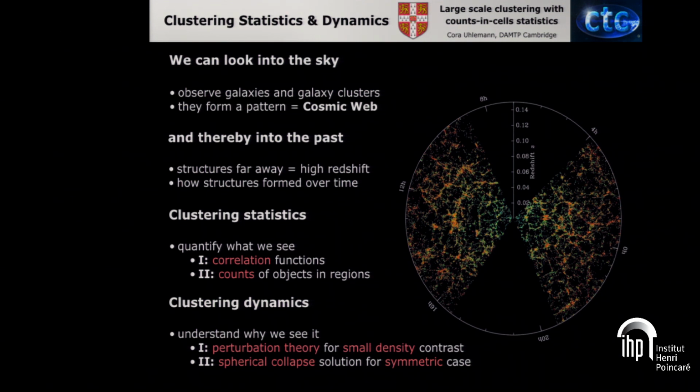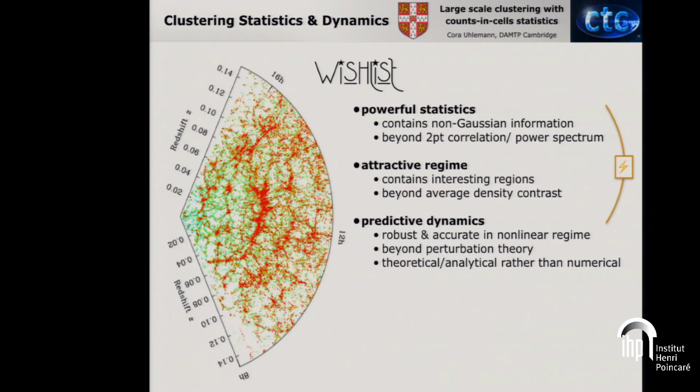Maybe I want to take advantage of the spherical collapse solution, which is indeed the only analytical solution we know in the nonlinear regime. Of course, it's only before shell crossing, but I think Atsushi will talk a bit about how to go beyond that in the afternoon as well. So basically, if we think about it, we could make a wish list. What do we really want from what we have?